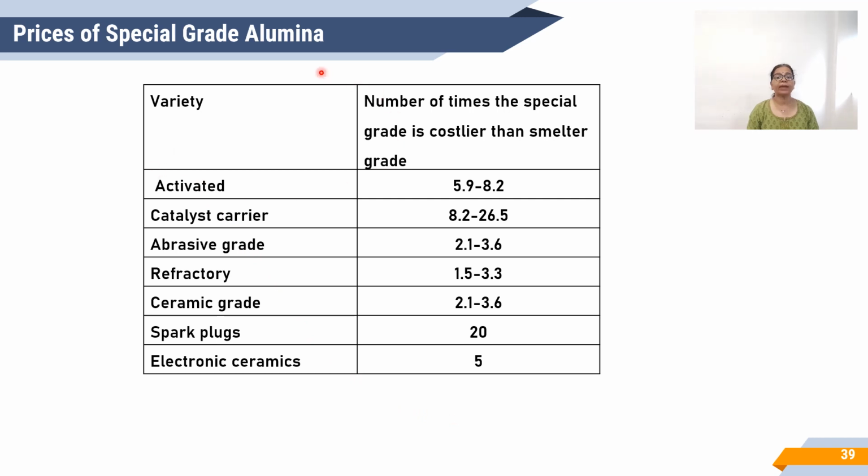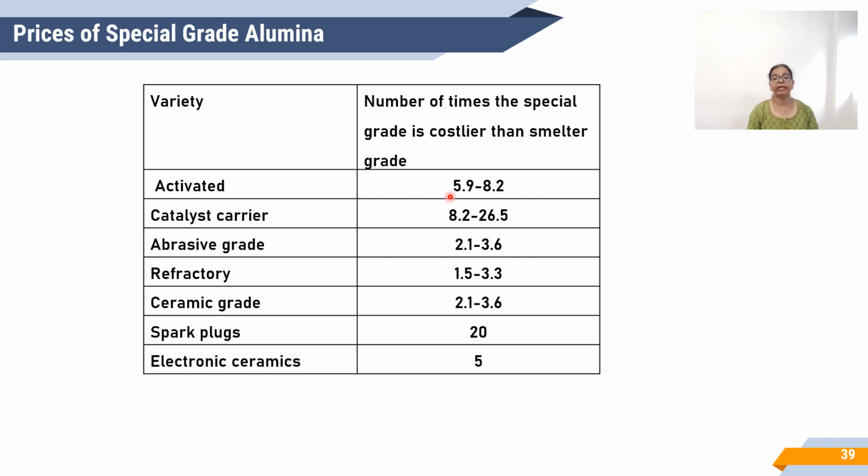Now, if we see the prices of special grade alumina, here there is a comparison with the smelter grade alumina, in which we have seen the activated alumina, which has a high porosity and high surface area, and is used in catalyst surfaces. They are used as catalysts, in adsorbents, in water purification, in absorbing gases such as moisture and in various gases such as hydrogen and oxygen.